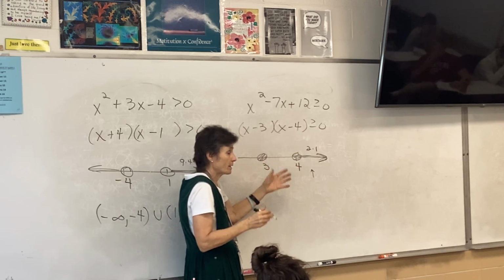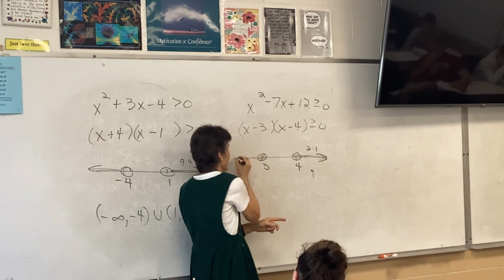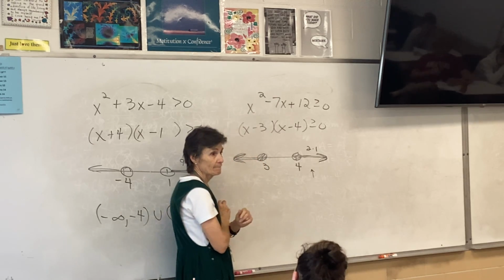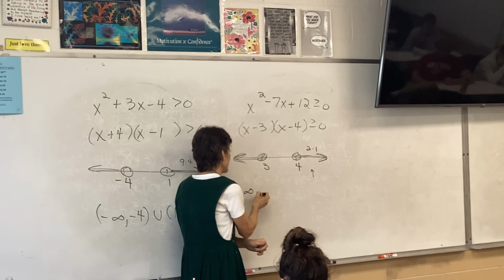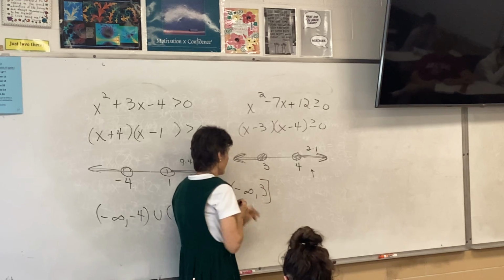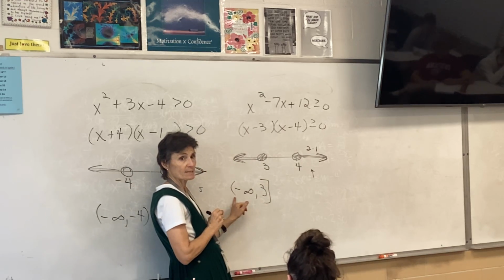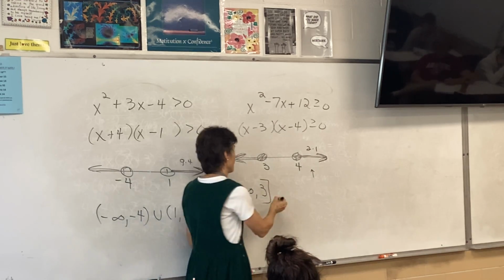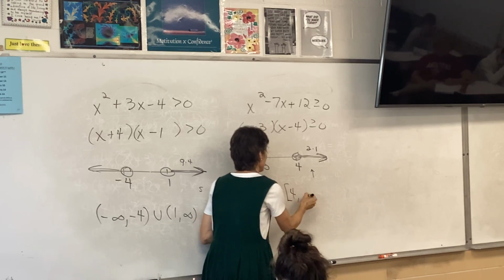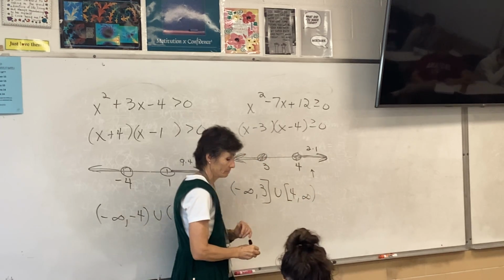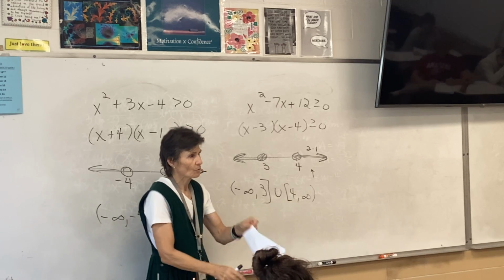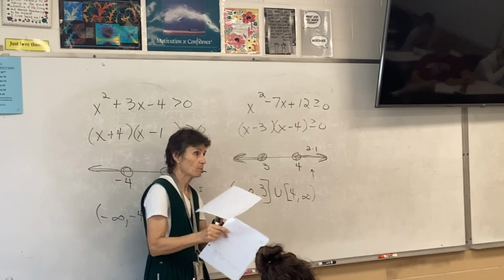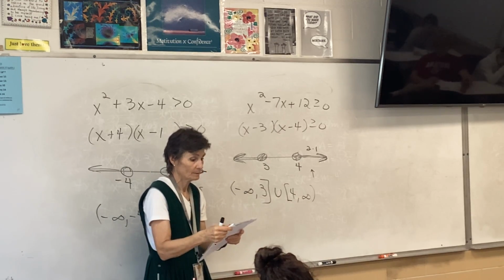So if I want a shortcut, I can say, okay, I'm not gonna shade here, but I am gonna shade here. So negative infinity to 3. Infinities always have parentheses. And then 4 to infinity. We did these earlier in the year, those exact problems. Now we're gonna do some harder ones.